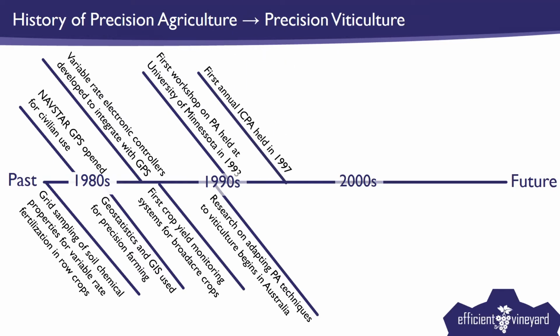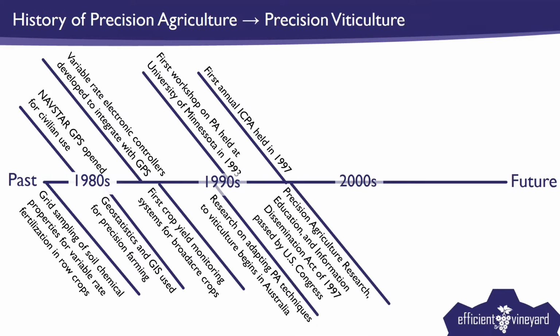And then the first international conference on precision agriculture was held in '97, following the US Congress defining precision ag on the books and starting an act that would fund research in this sphere. So that was kind of the first definition of precision ag.